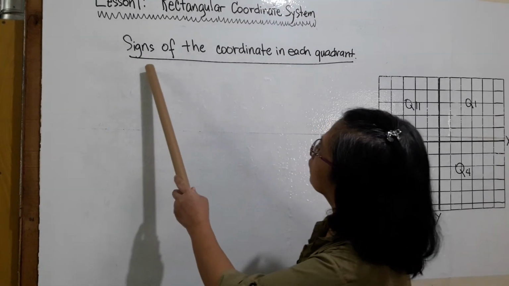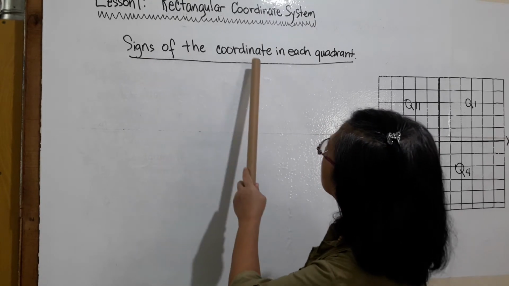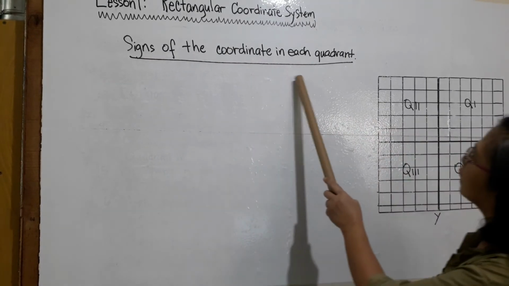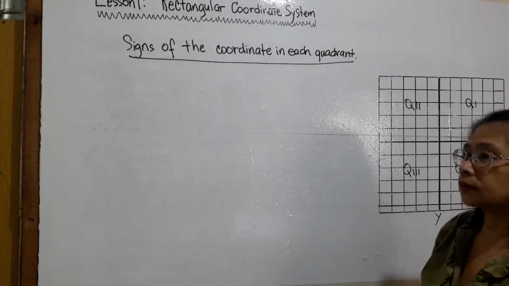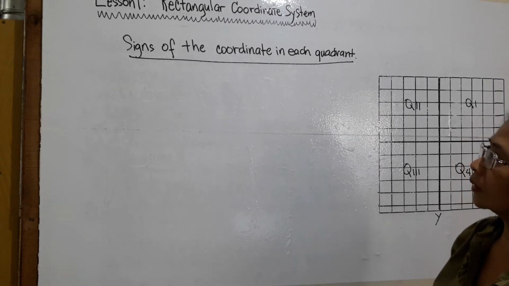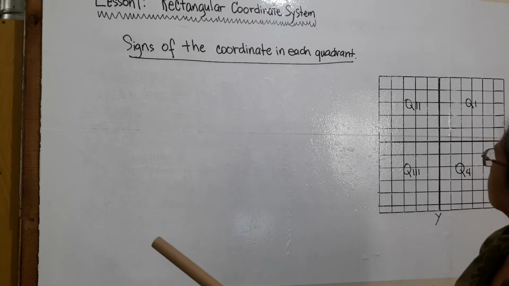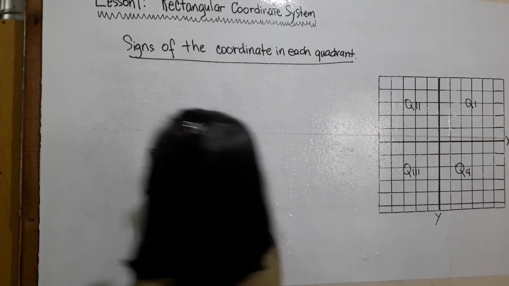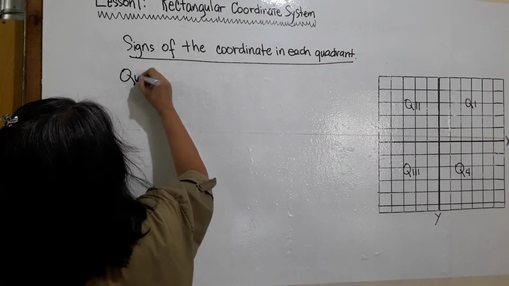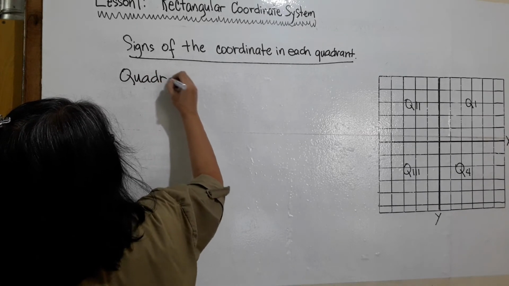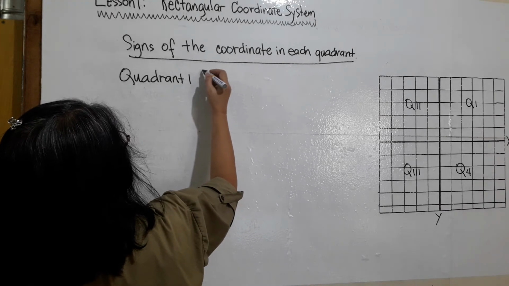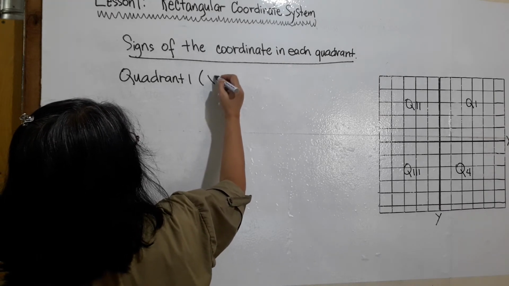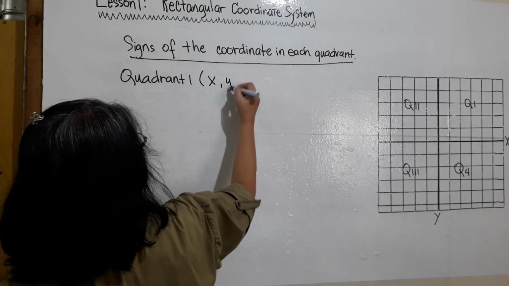What do you think are the signs of the coordinates in each quadrant? I mean, the coordinate of x and the coordinate of y, what are the signs? Say, for example, in Quadrant 1, what are the signs of x and y?